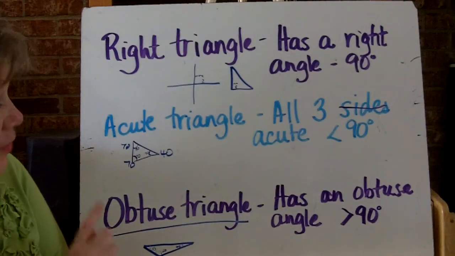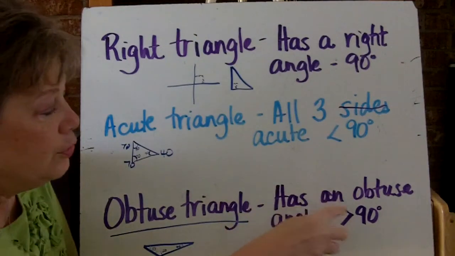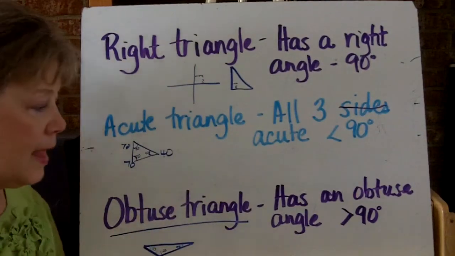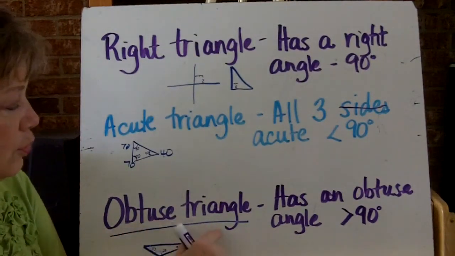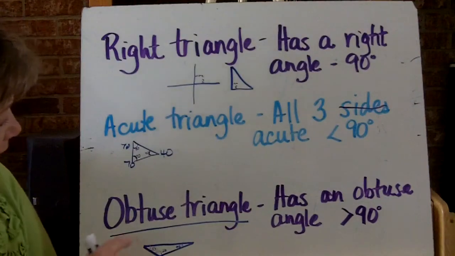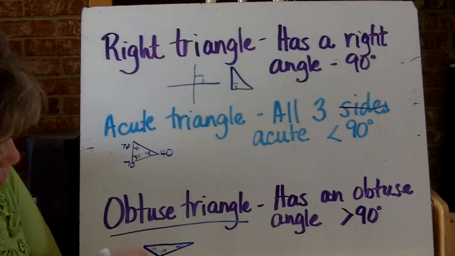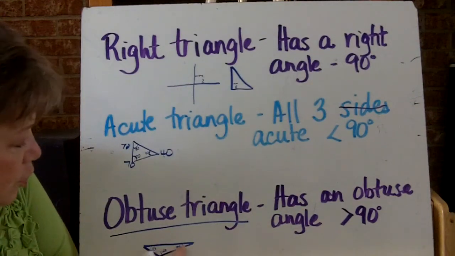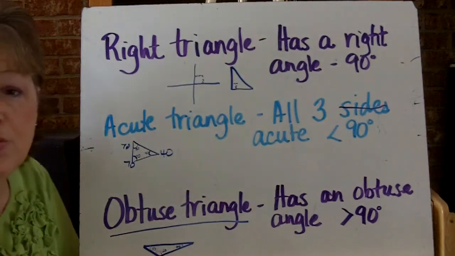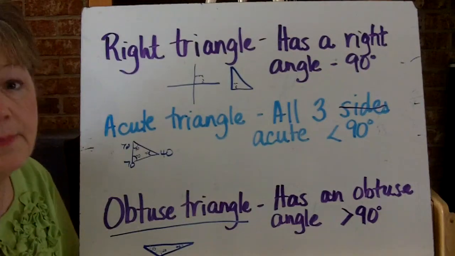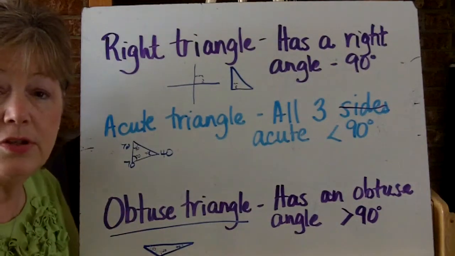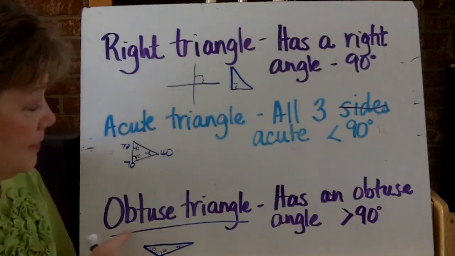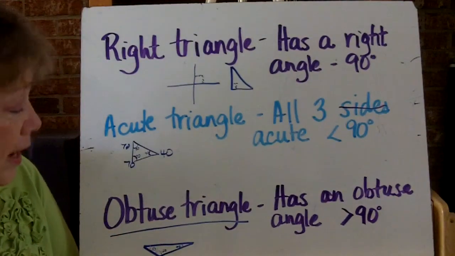And if the triangle has an obtuse angle, which is greater than 90, then it's an obtuse triangle. And I've drawn that out here where you have one interior angle that's 35 degrees, one that's 25 degrees, and this last one is 120 degrees. So because one angle is greater than 90, it's an obtuse angle, it becomes an obtuse triangle.